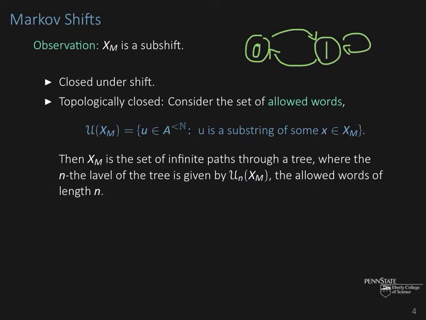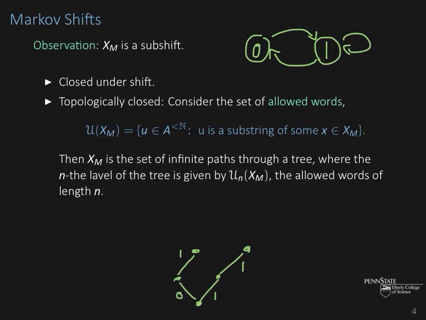So which words of length 1 are allowed? Well, that's clear because we can start at any node, so we can start with either 0 or 1. But now which length 2 sequences are allowed? Well, we could start at 0 and go to 1. We could start at 1 and stay at 1.